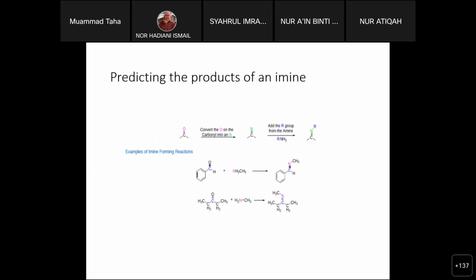The second thing is that whatever the substitution was on nitrogen, just put that on. That's it. This is the simple reaction. You can see that benzaldehyde reacting with methylamine forms this product. In the same way, butanal reacts with this and forms this product. Going to the next slide.